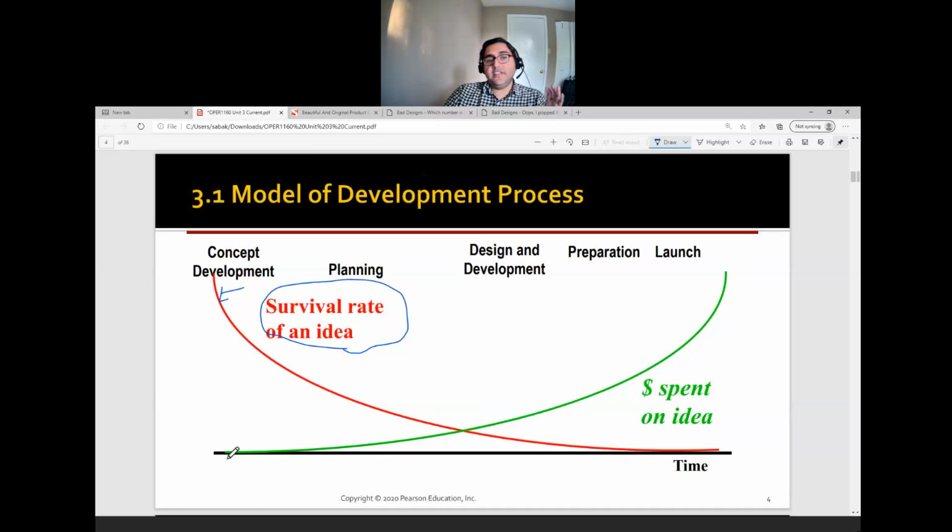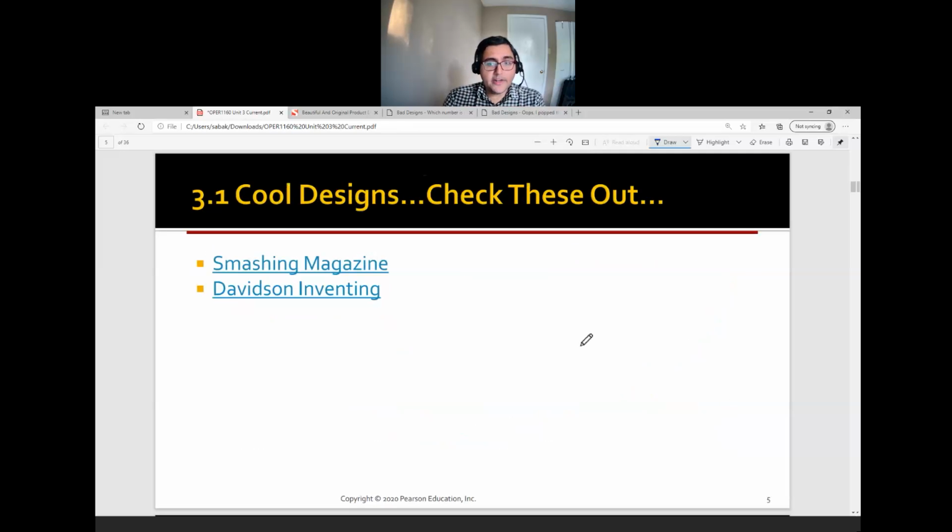The idea is generally there at the concept stage, the reason being the dollars, if you look at the green colored graph here, that you need to spend on having an idea is really nothing. But when you are trying to move across the stages, for instance, if I want to prepare commercially, do the marketing, do the advertisement and develop the product, I need to spend money on my idea. That's what this green colored graph is typically representing.